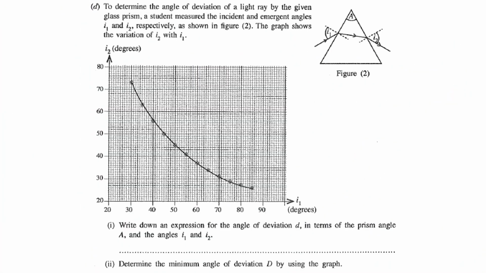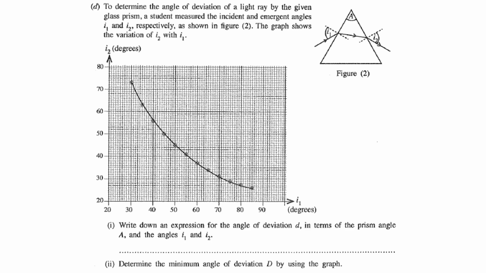Then part D. To determine the angle of deviation of light rays by the given glass prism, a student measured the incident and emergent angles I1 and I2 respectively, as shown in the figure. The graph shows the variation of I2 with I1. Part 1.